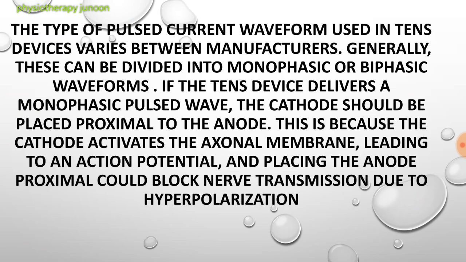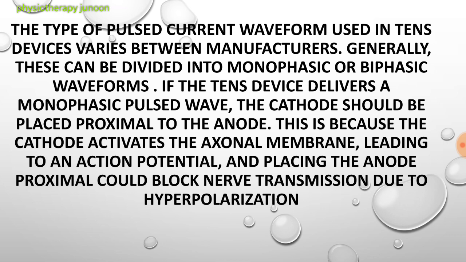The type of pulse current waveform used in TENS devices varies between manufacturers. Generally, these can be divided into monophasic and biphasic waveforms. If the TENS device delivers a monophasic pulse wave, the cathode should be placed proximal to the anode.